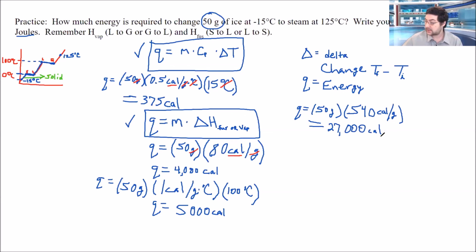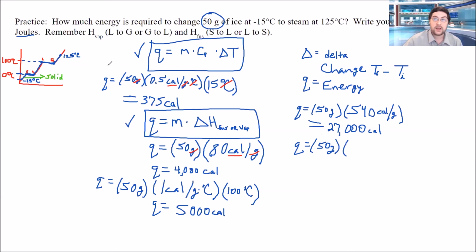Okay, so at that point, we now have gaseous water at 100 degrees Celsius, and we just need to do the last section where we transform it into gaseous water at 125 degrees Celsius. So that means we're doing a change in temperature this time. So we're going to say Q equals the mass, which is 50 grams, times the specific heat of this substance.